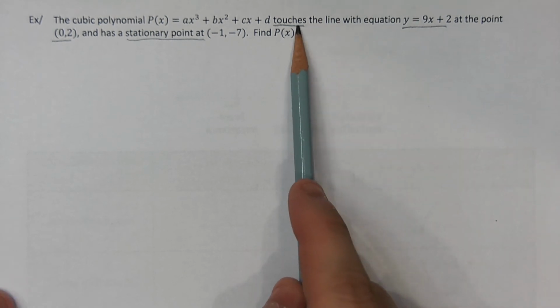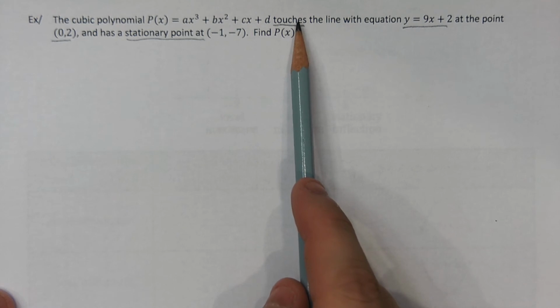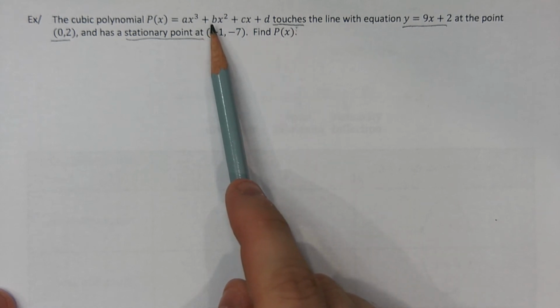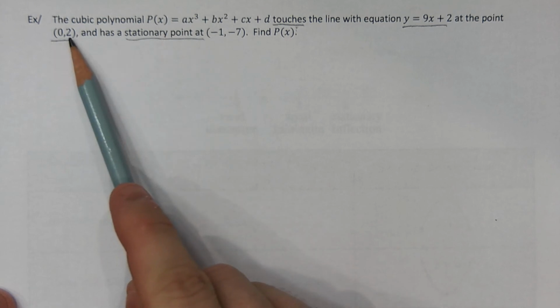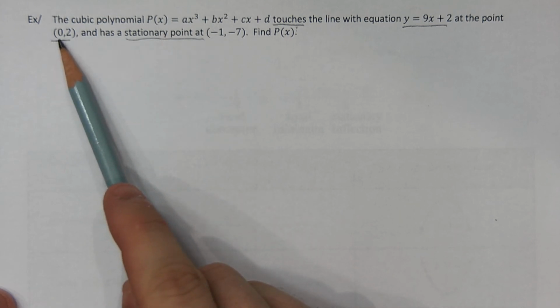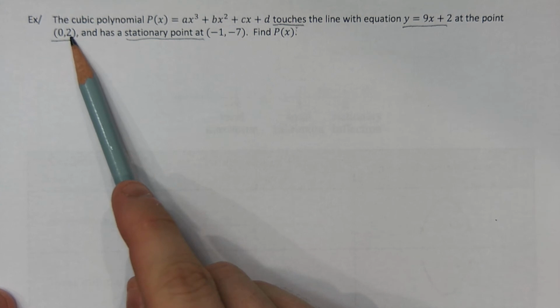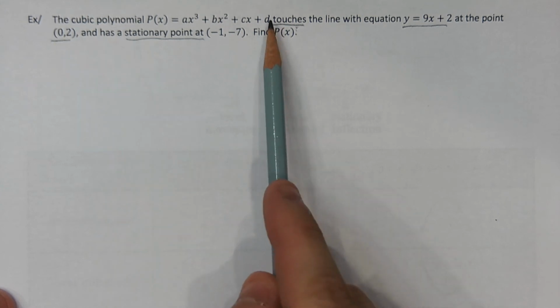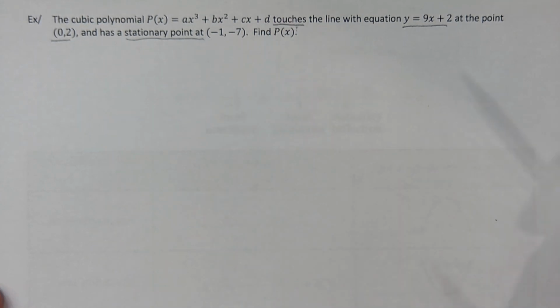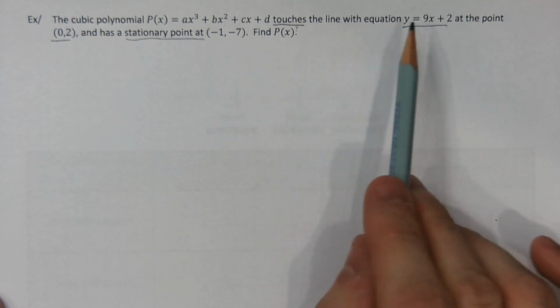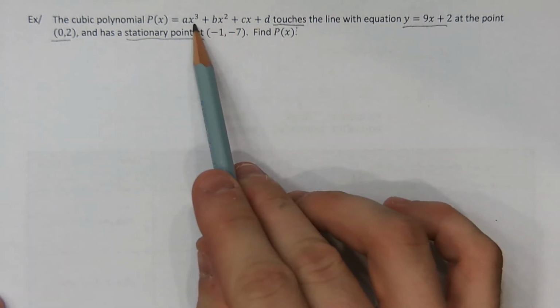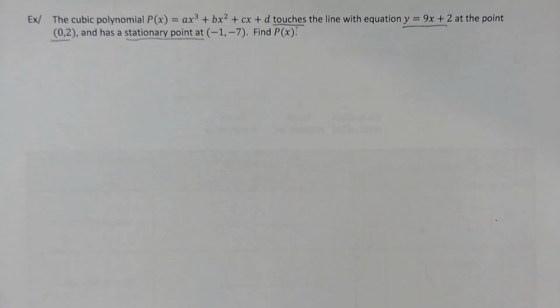The fact that it said that it touched the line tells me that line is tangent to this curve. And it's happening at this x value, 0. Oh, and that's the y value that I get when I plug in x equals 0. Well, they just handed us d, but don't worry, I'll get to that in a second. So anyway, tangent to this curve. Well, when you're tangent to a curve, that means that that line has the exact same slope as the curve.